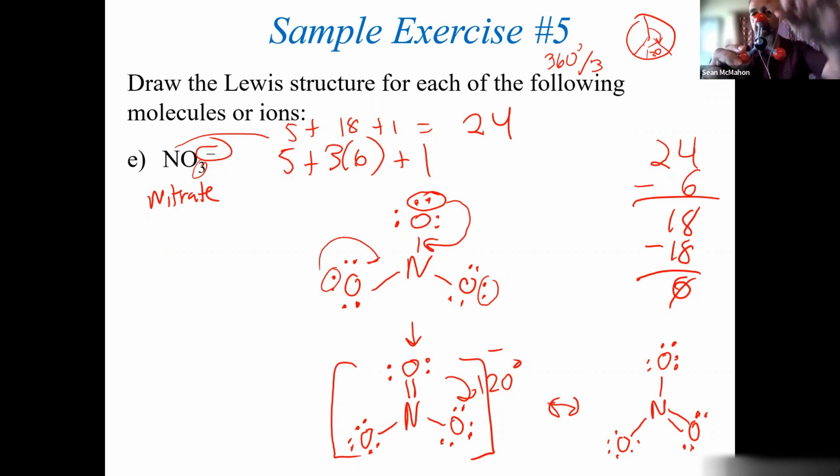Now, someone might say, well, maybe I could have put the electron from over here. Well, yeah, that would have been a rotation just that way, 120. And then I would have had the double bond here.